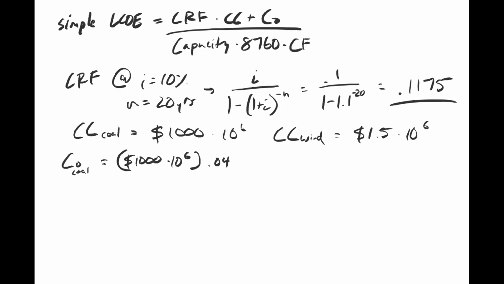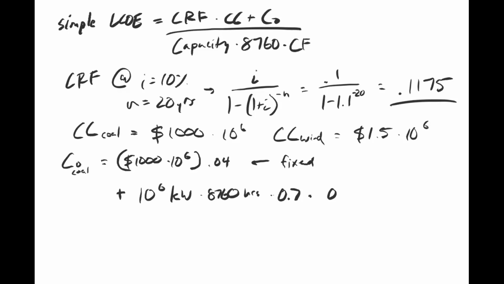So this is fixed, plus, we need to know how much it costs to produce all the power that it's making, the variable cost. So the amount of power that it produces is 10 to the 6th kilowatts times 8760 hours times our capacity factor of 0.7.